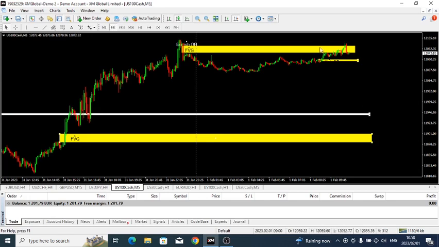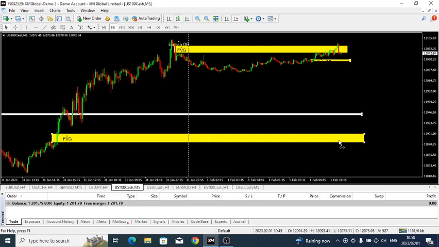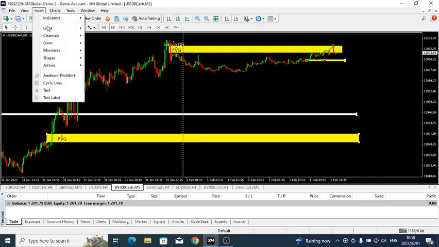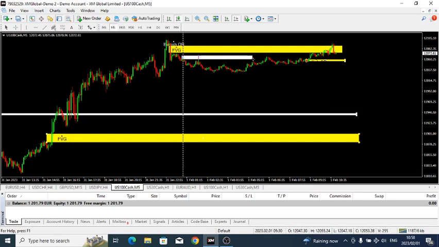If the market decides to come into this fair value gap, then it decides it wants to now buy. Actually, this could be support, and then I'm sorry, you're gonna take your trades at today's New York opening price here.